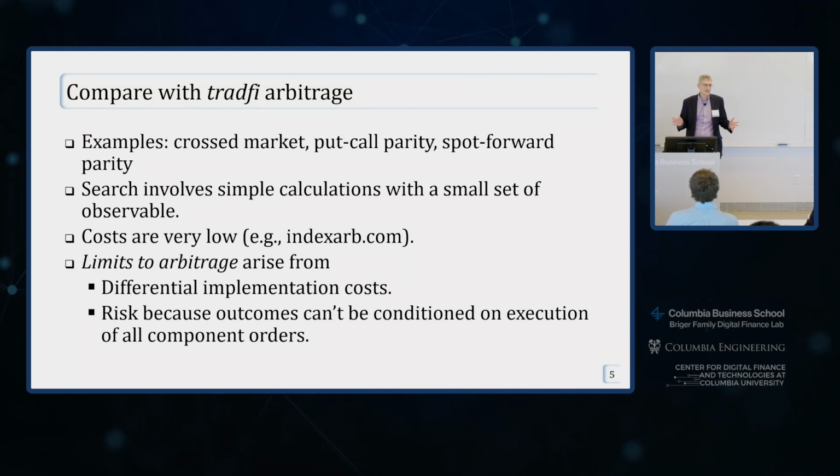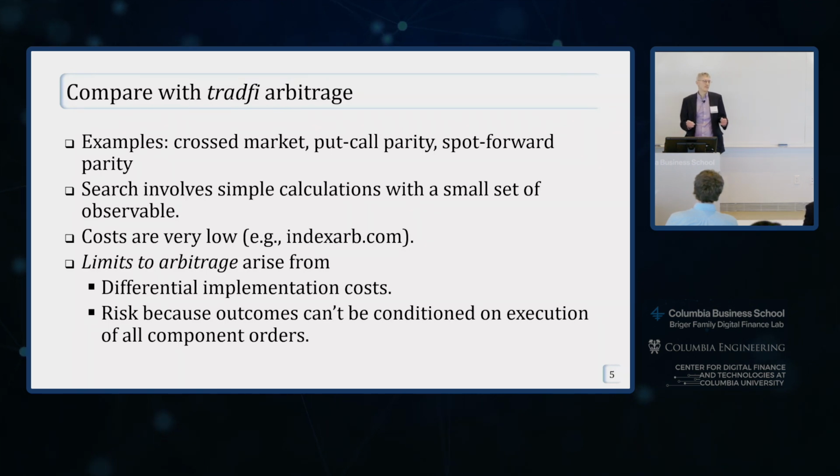Now, why doesn't everybody arbitrage? Well, there are limits to it that make some people better positioned than others. Not everybody can implement them at the same cost, but there's also risk to most TradFi arbitrages, because unlike the DeFi arbitrages, we can't condition the whole package on execution guaranteed.